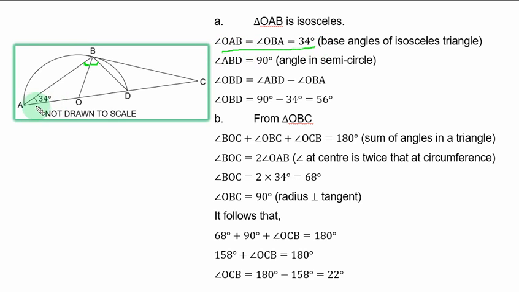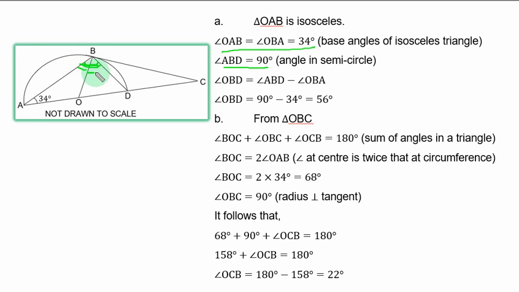And again, because AD is a diameter, the whole of this angle is 90 degrees. Angle in a semicircle, that is what you have here. Now, you know this angle as 34 degrees. The whole of this angle is 90.